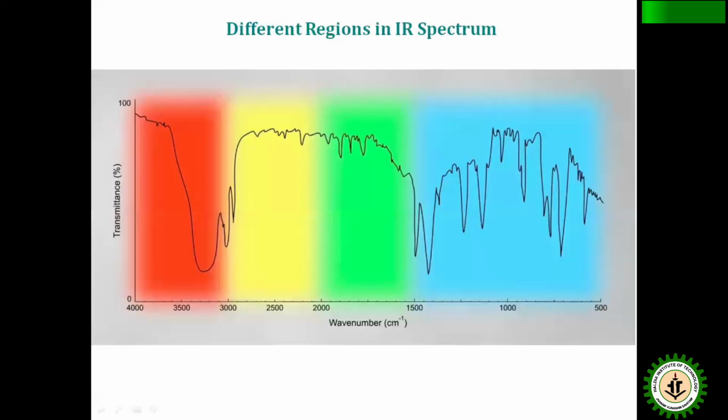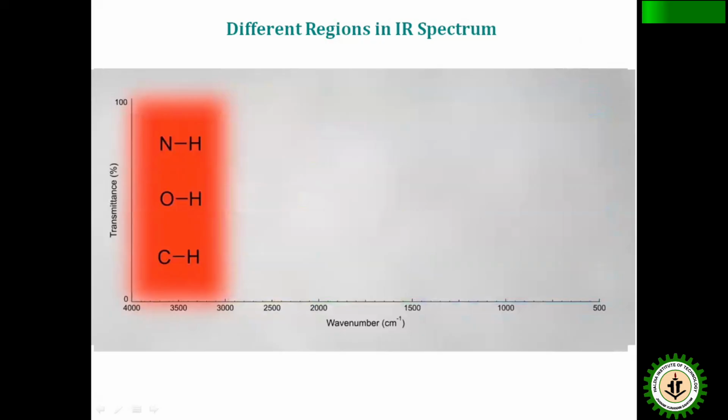Now, in general, any vibrational spectrum or IR spectrum can be very roughly divided into four different regions, as shown here with four different colors. The region within 3000 to 4000 centimeter inverse is where absorption bands due to carbon-hydrogen single bonds, oxygen-hydrogen single bonds, or NH single bonds appear.